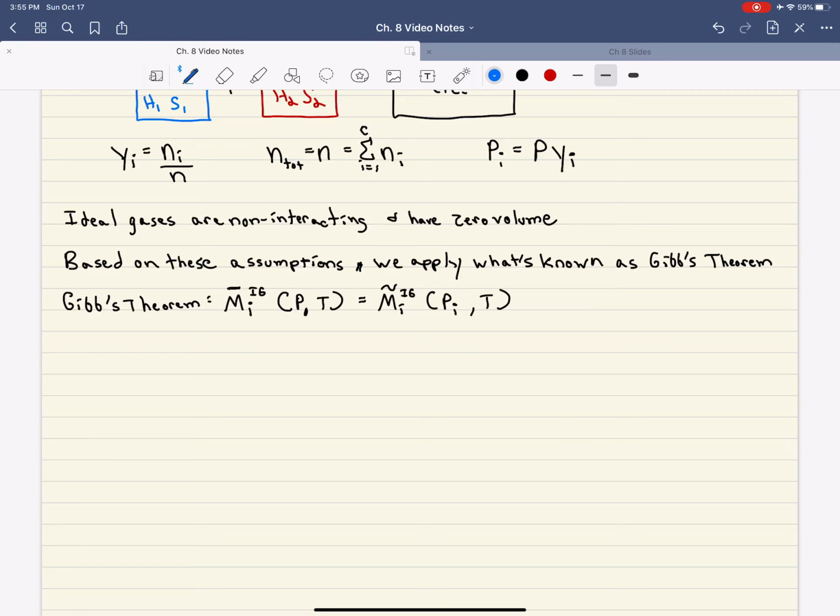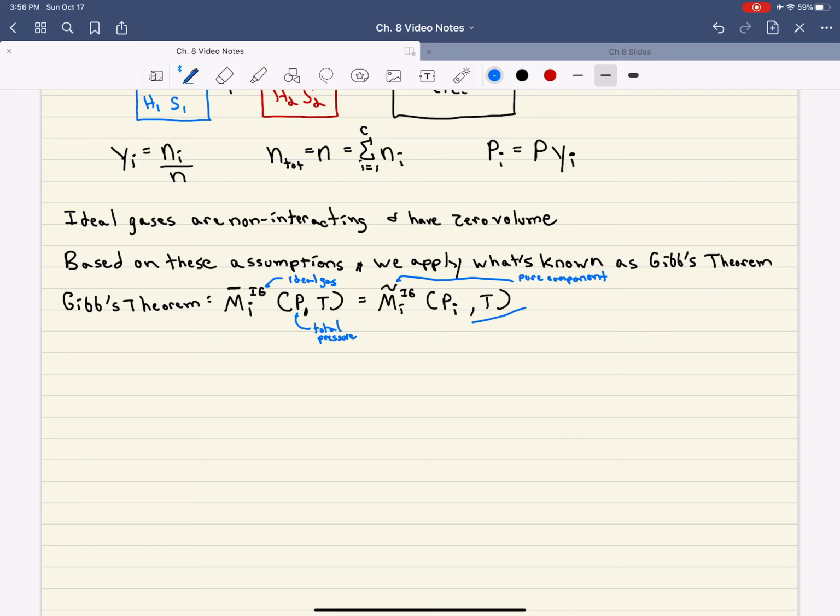Okay, so just to clarify some stuff, this Ig means ideal gas. This P here is the total pressure of the mixture. This thing right here, as you know, is just referring to the pure component molar property value.